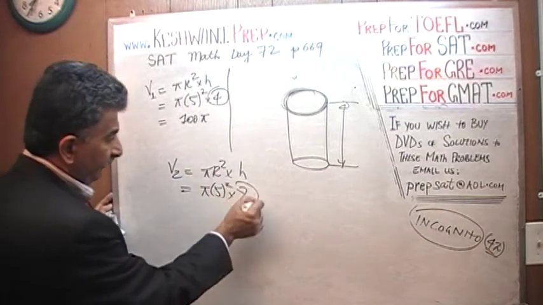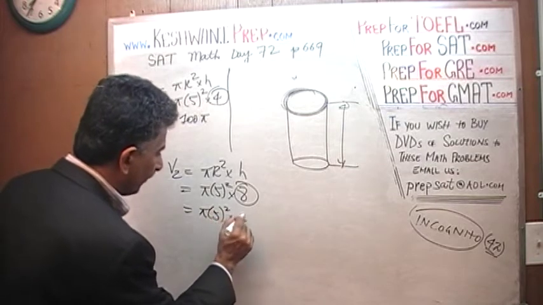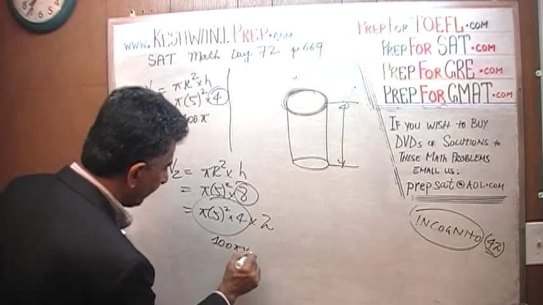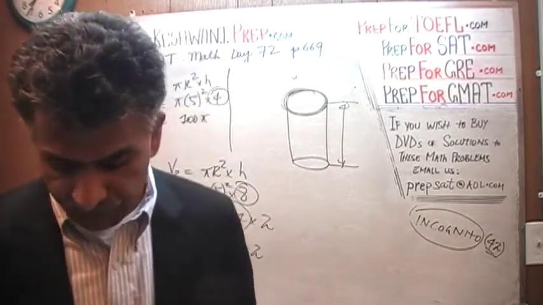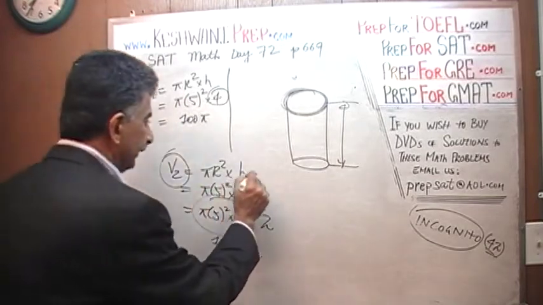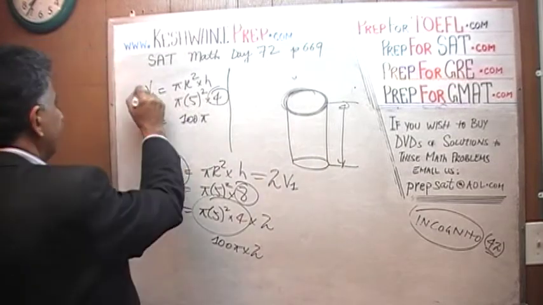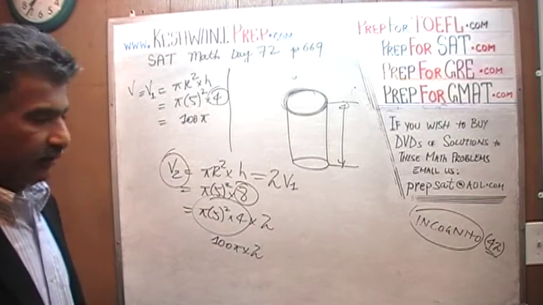That's all. So if it's 8, it's the same as pi times 5 squared times 4 times 2. This, we just found out, is 100 pi times 2. So the new volume is twice as much as the old volume. Therefore, V2 is simply 2 times V1. But they don't call it V1, they just call it V. That's all. So it's 2 times V.